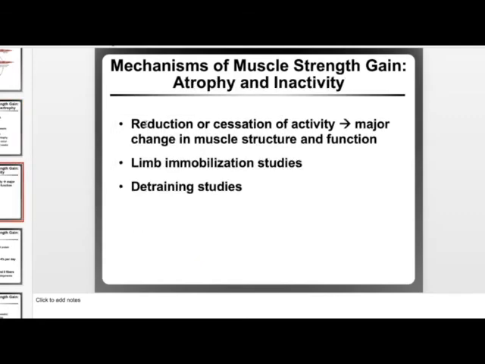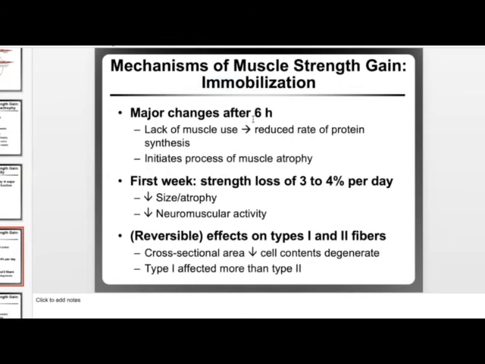All right, likewise, with a reduction of motion, like if you put your arm in a cast, you'll detrain, or your muscles will atrophy, or the strength of your muscles will reduce. You put somebody in a cast, and after 6 hours, there's actually a reduced rate of the production of actin and myosin. If the limb is motionless, the body is like, all right, this isn't being used.